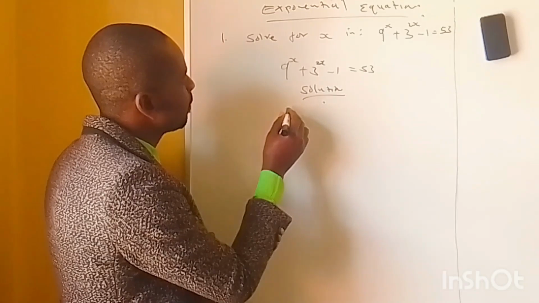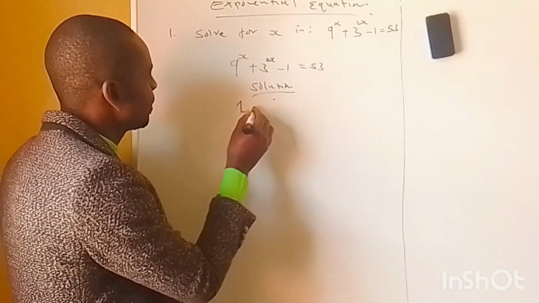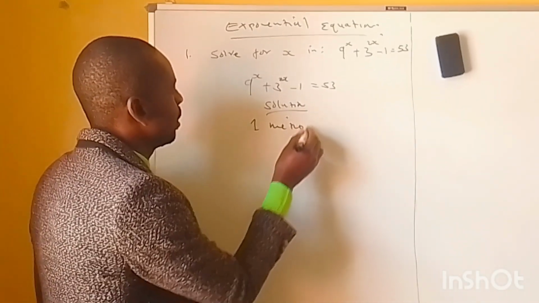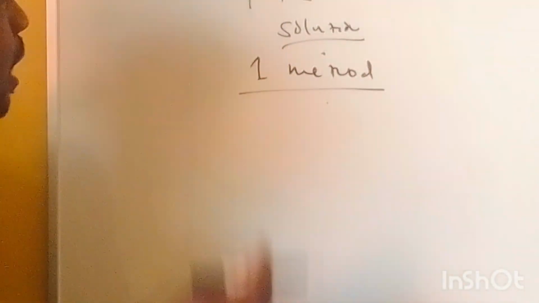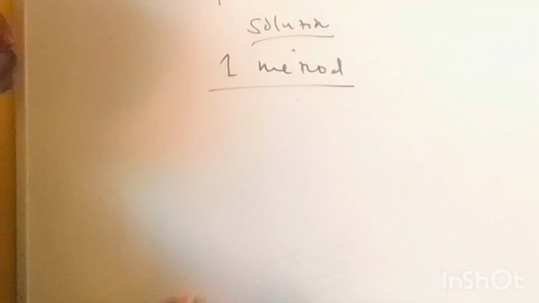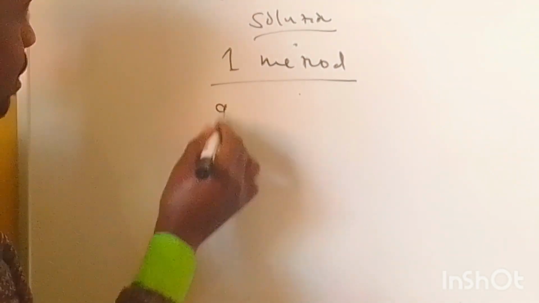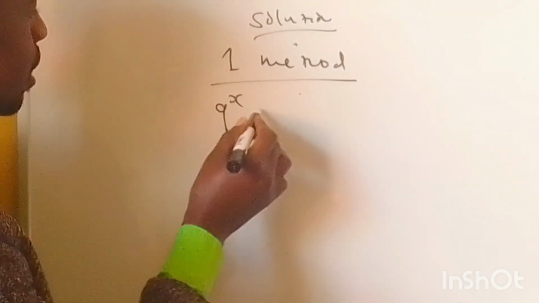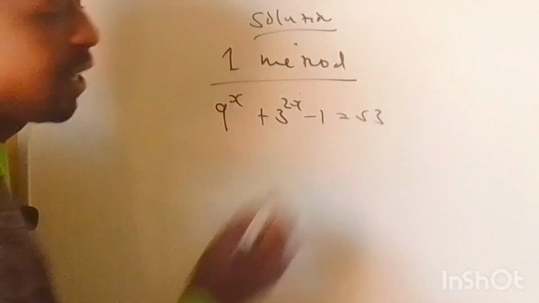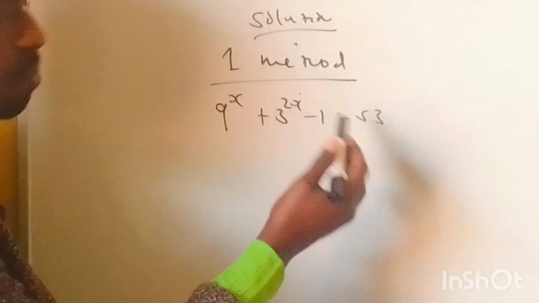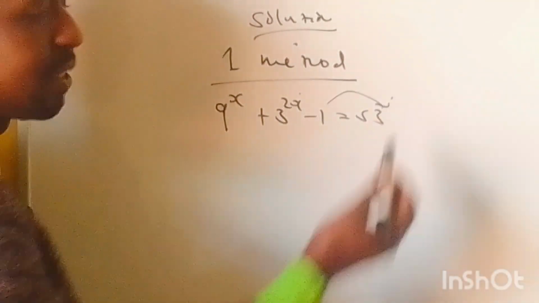So let's look at the first method that you can use if you are given such a question. So we have 9 raised to x plus 3 raised to 2x minus 1 is equal to 53. You know this is a number, so the first step is to take that negative 1 to the other side.